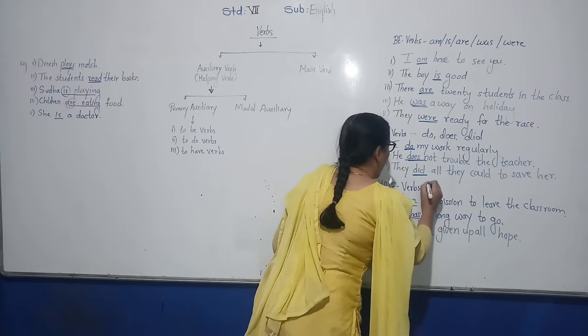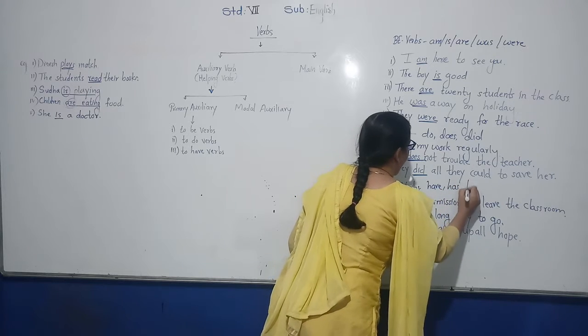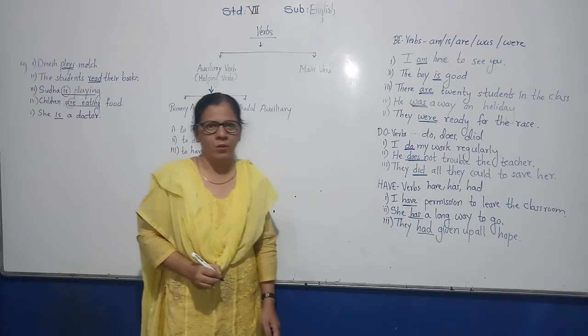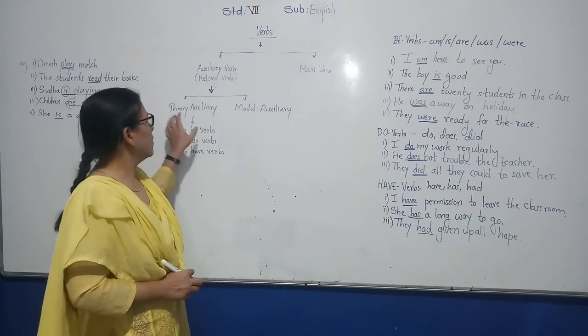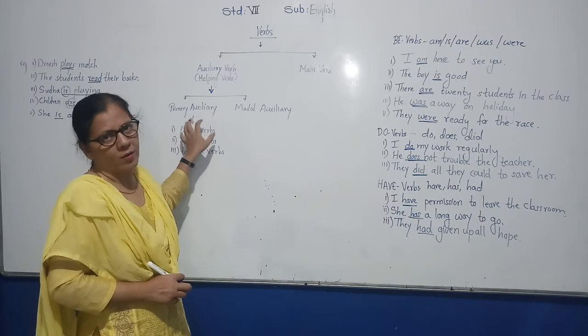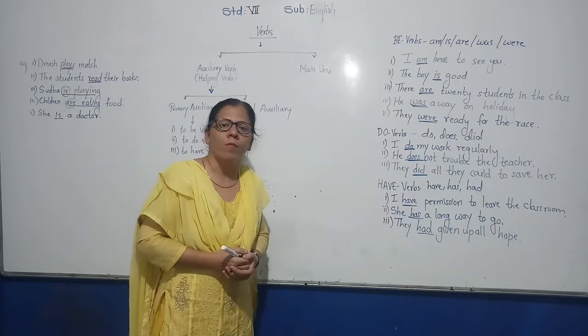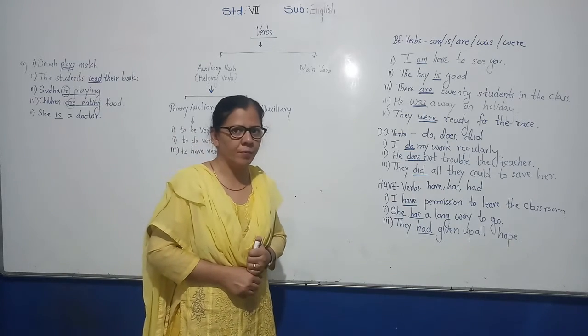So have, has, and had are called to have verbs. Okay? So this was about primary auxiliary verbs. Now, next video we will talk about modal auxiliary verbs.